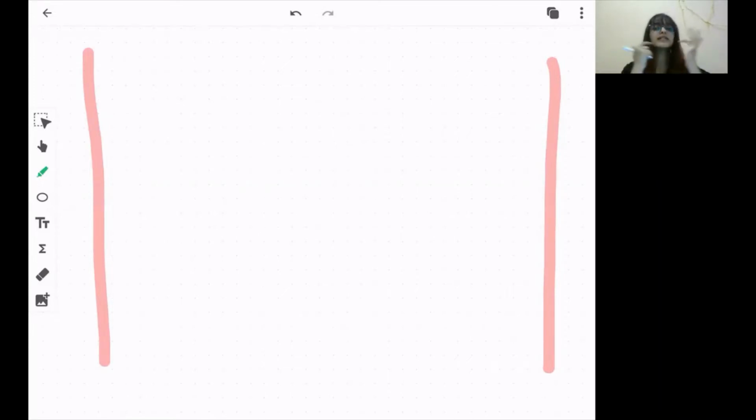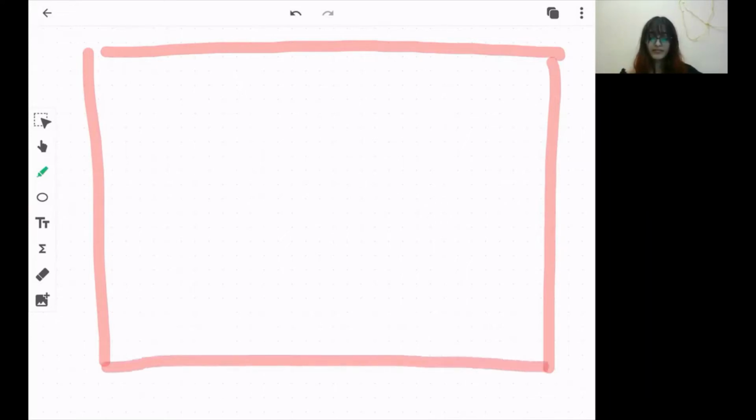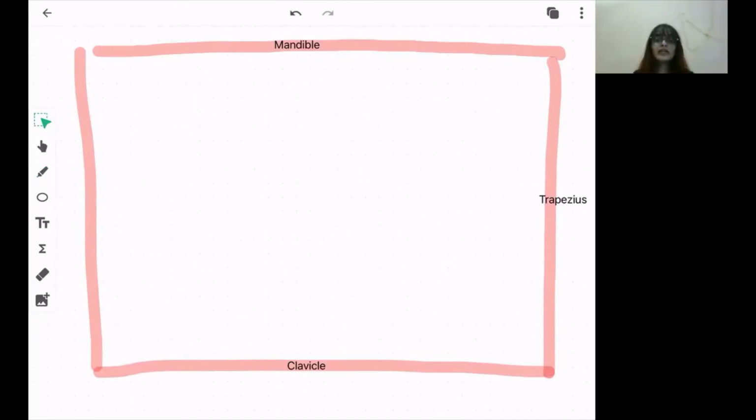So what is present here? You can imagine above is present the mandible. We just need to remember the boundaries of the triangle. So above is present mandible, posteriorly there is trapezius, and below is present the clavicle. So I have labeled these three.